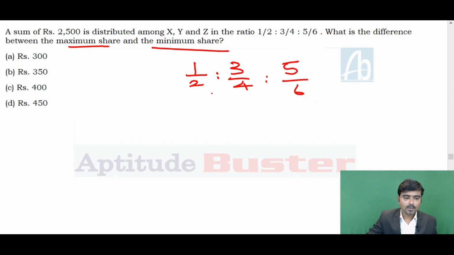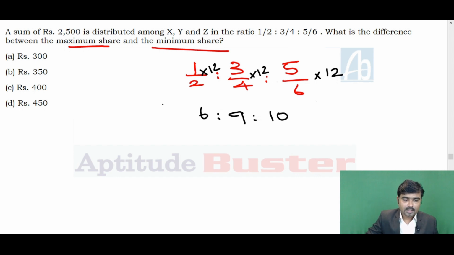Do one thing. What's the LCM of the denominators? The LCM is 12. Multiply all the fractions by 12. We get 6 is to 9 is to 10.